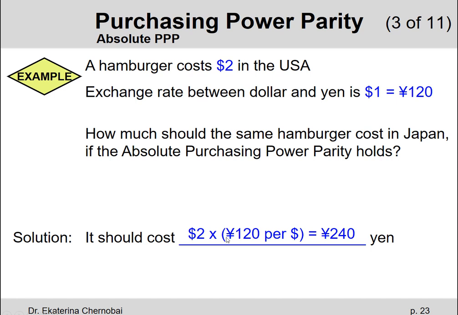So it's cheaper in the US than it is in Japan. Whenever the price does not follow the absolute purchasing power parity, so when it's not what it should be based on the calculation like this, we say that there is an opportunity for you to make profit, or a so-called arbitrage opportunity, riskless profit, in other words.